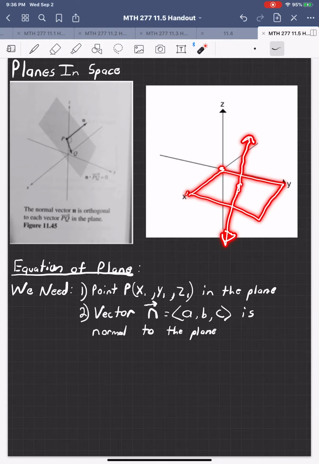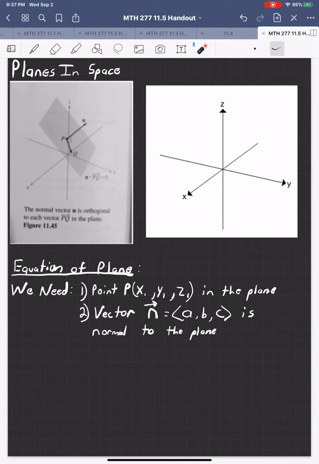In other words, it would move perpendicular to both x and y. That's an important thing: when your plane moves in space, its movement is going to be normal or perpendicular to itself.